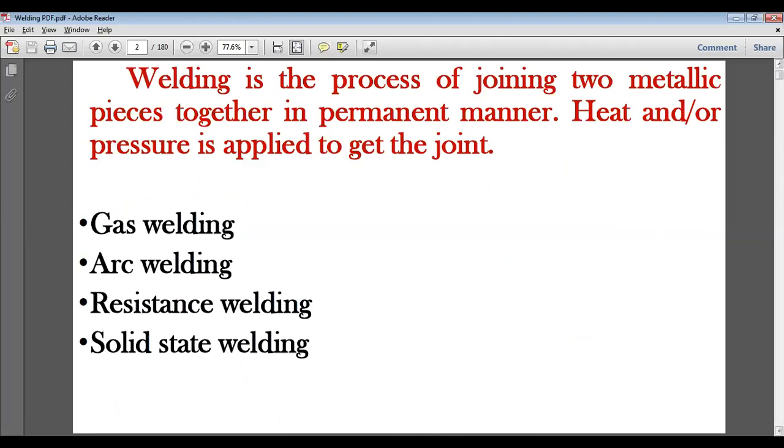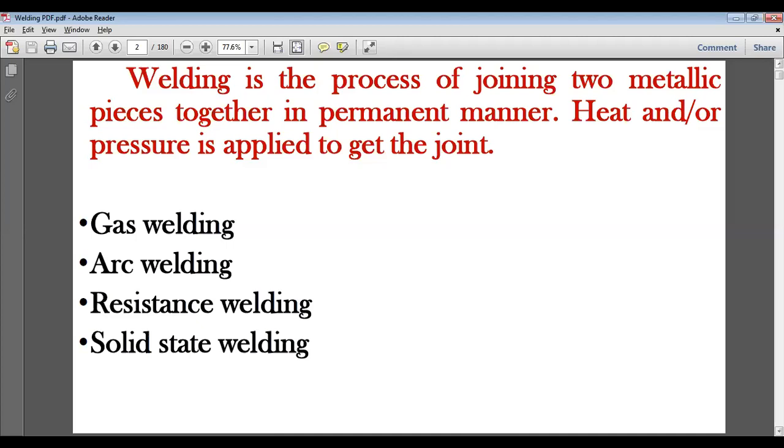We obtain this heat by burning gas, by producing an arc, by resistance, and by solid state welding. Four types are there. We have discussed gas welding and arc welding, but this time we will be talking about resistance welding and solid state welding.